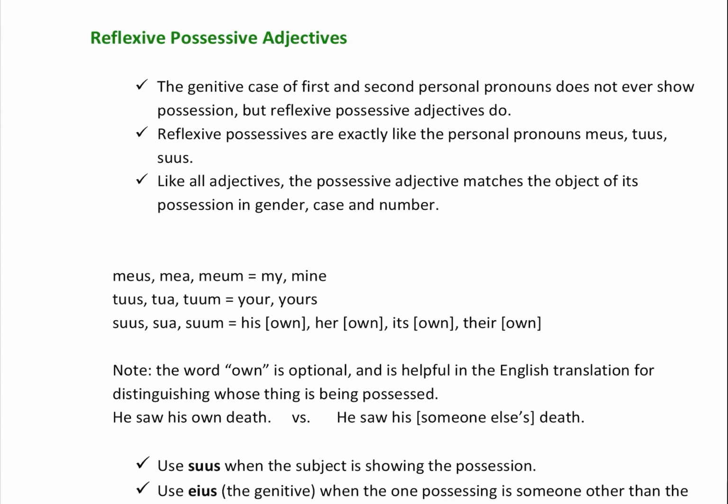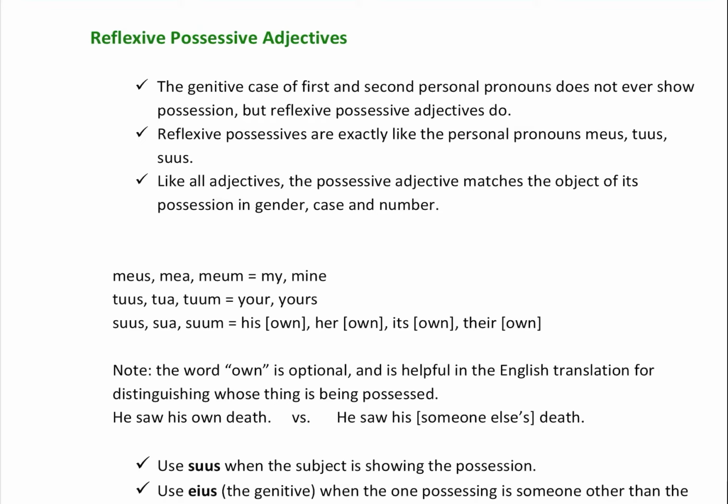All right. So let's talk about reflexive possessive adjectives. Your book calls these just plain old possessive adjectives, but they're actually called reflexive possessives. When we first learned personal pronouns, I told you that the genitive case of first and second person pronouns could not ever show possession. And there were adjectives for that, and they are the reflexive possessive adjectives.